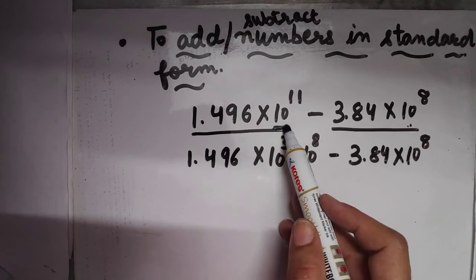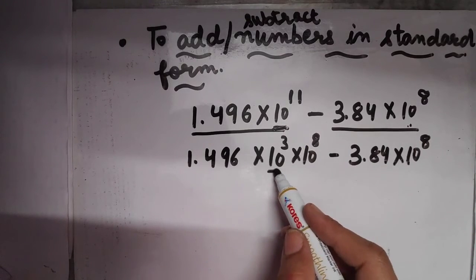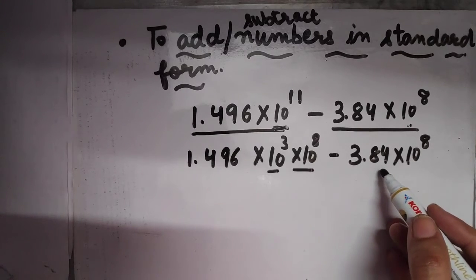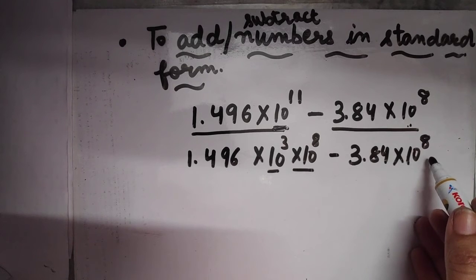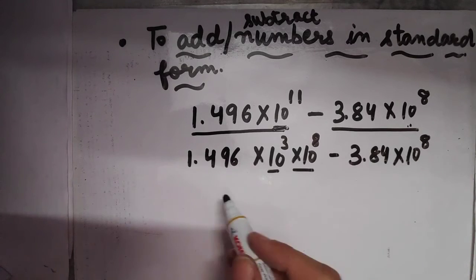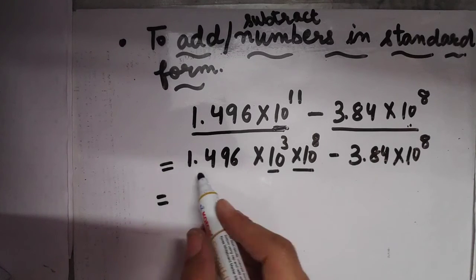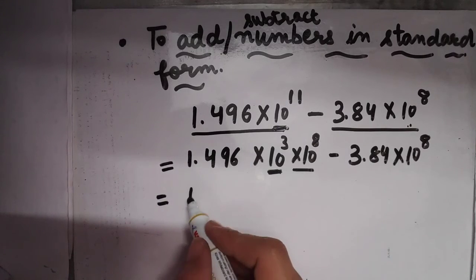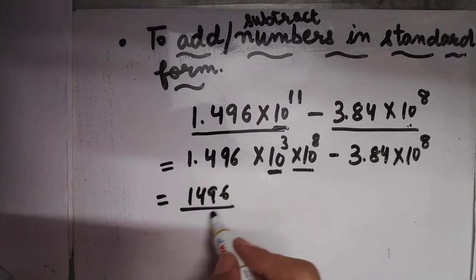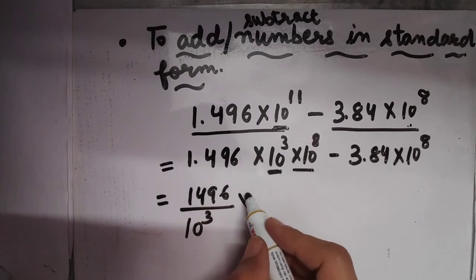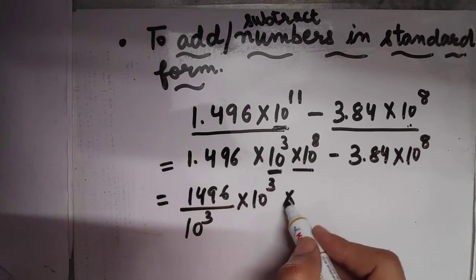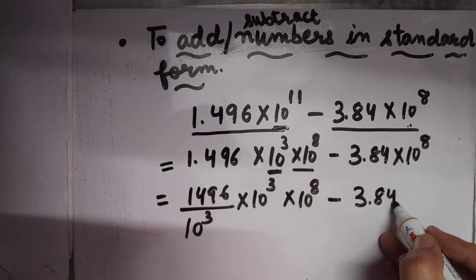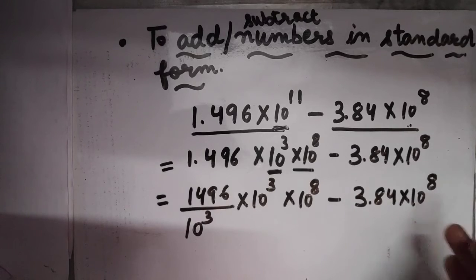So I have written 10 raised to the power 11 as 10 raised to the power 3 into 10 raised to the power 8, minus 3.84 into 10 raised to the power 8. Now, what is it equal to? I am writing these steps: 1.496 into 10 raised to the power 3 into 10 raised to the power 8, minus 3.84 into 10 raised to the power 8.